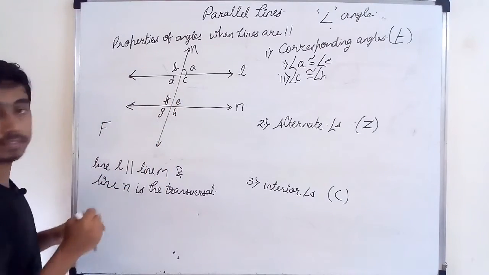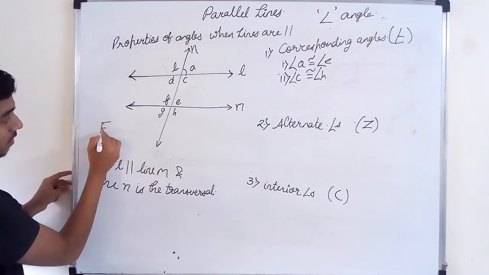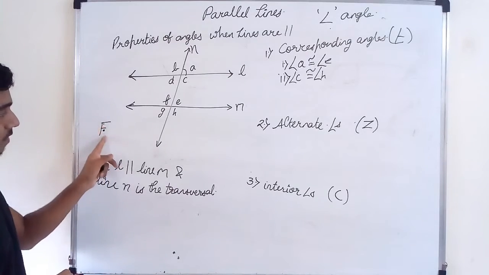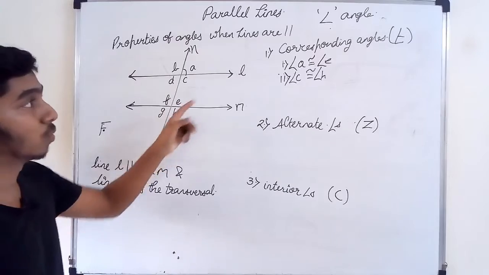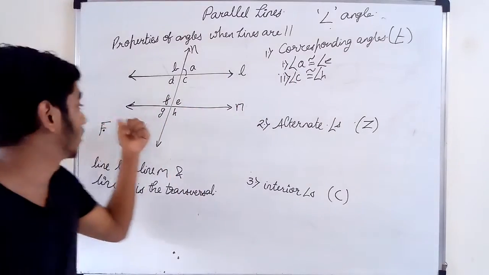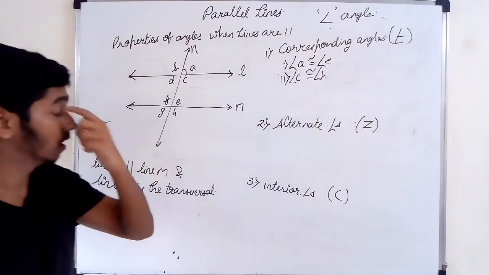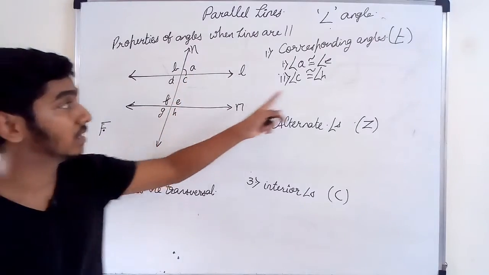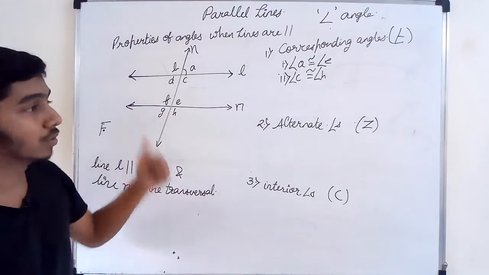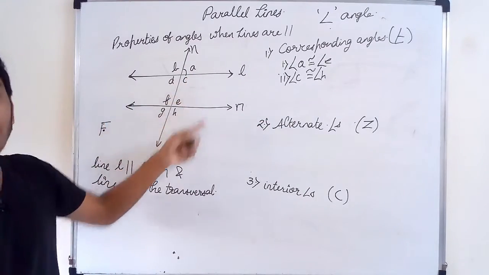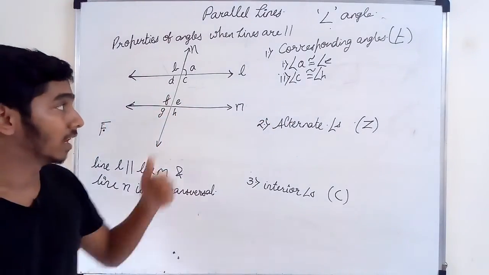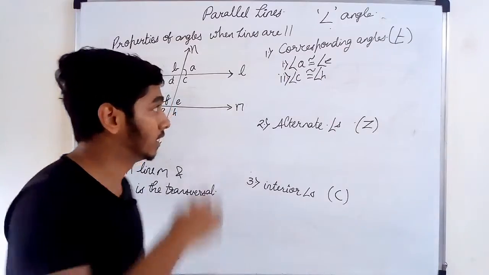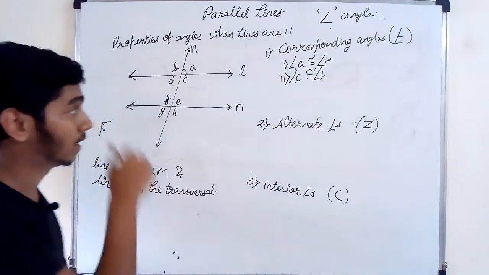C and H, this angle and this angle, these two angles are congruent, correct? Ulta F or Seedha F, doesn't matter. So C and H is also congruent. Now you should know corresponding angles are always congruent.